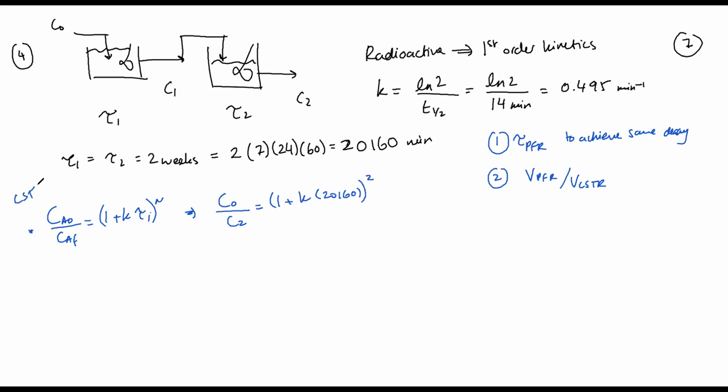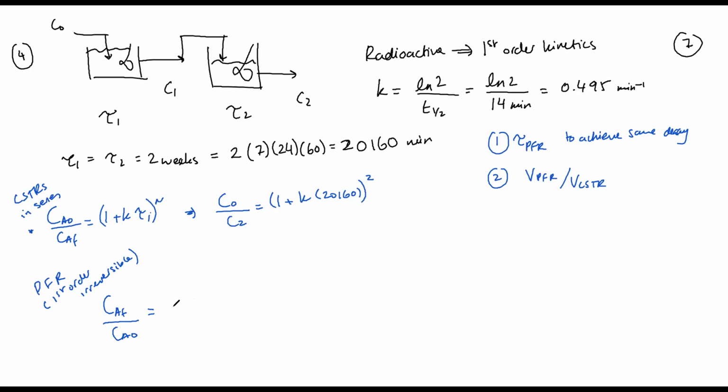So this is for CSTRs in series, and then PFR, first order, reversible. So the equation is, it's actually CA final over CA naught. Just be careful that these are reversed. If you want to write this as 1 over, or minus N, and save any confusion, you can do that.